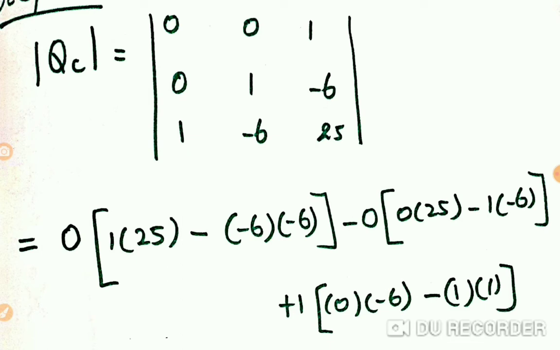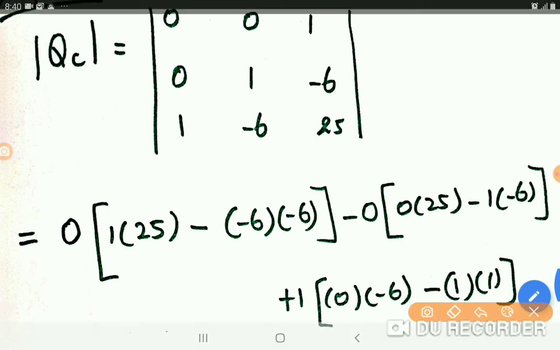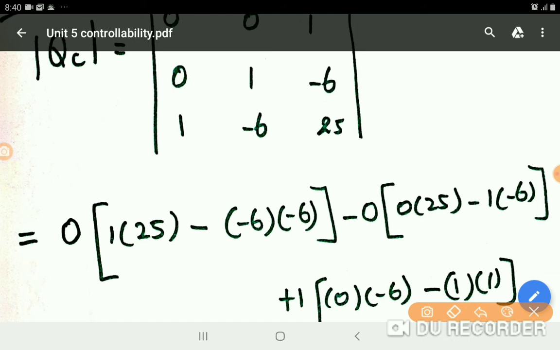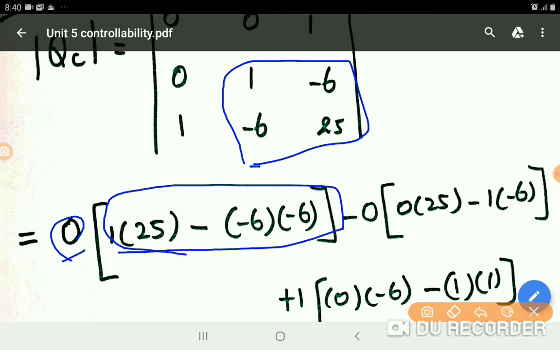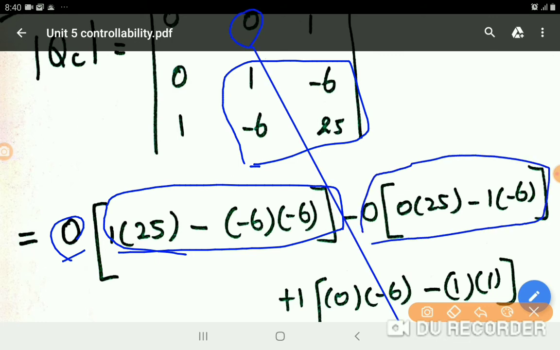That too we already know. See here, with this, 0 into, we need to do all the things. The first one is 0, so no need to go further. This term becomes 0. The next term is also 0, so no need to go further. But for your better understanding, I put it over. Even this is 0.